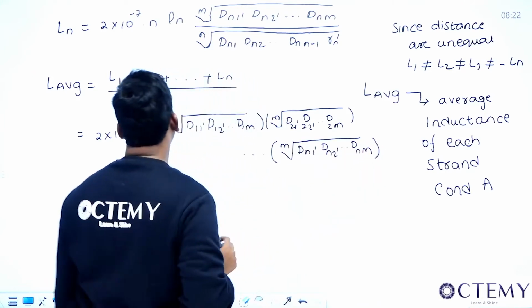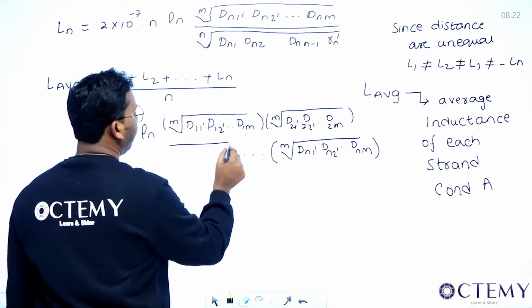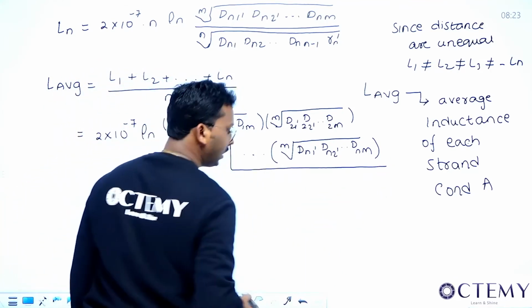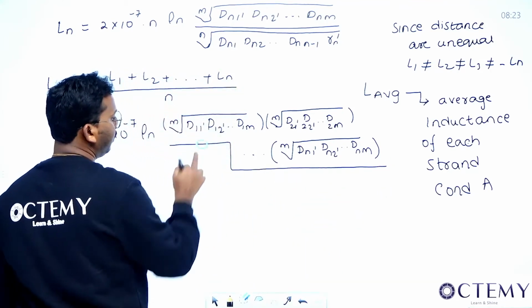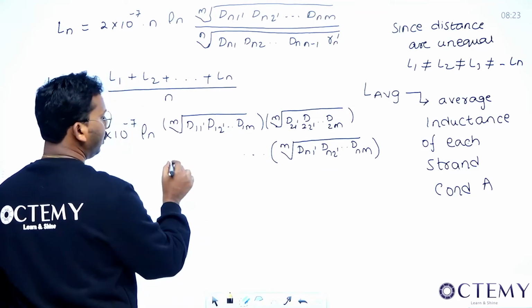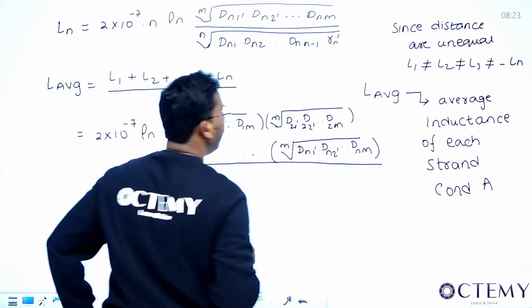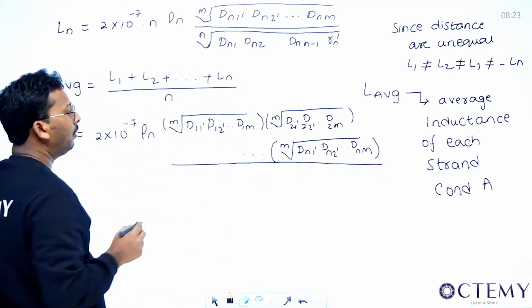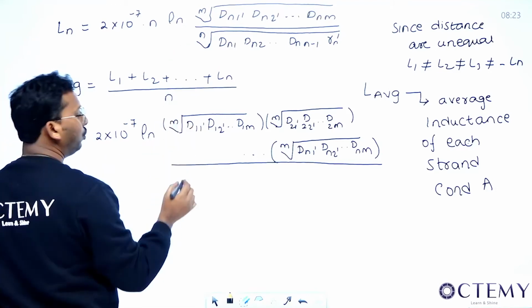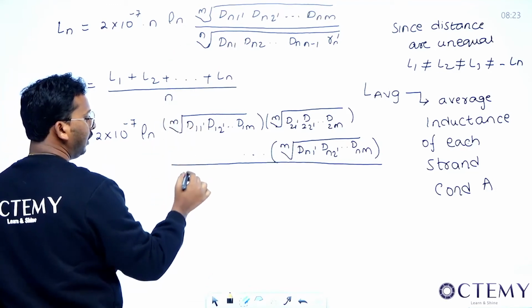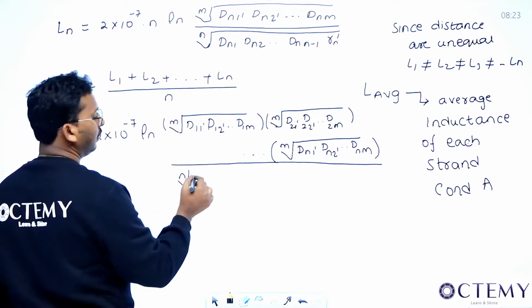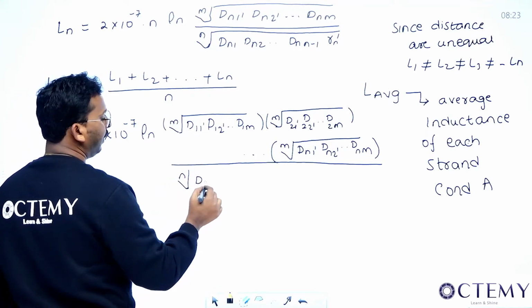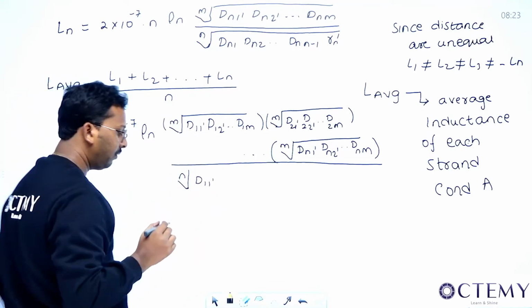Now the denominator, if you see the denominator, what will be the denominator? If you look at the denominator, it will be nth root of d11 dash. Sorry, d11. What is d11?